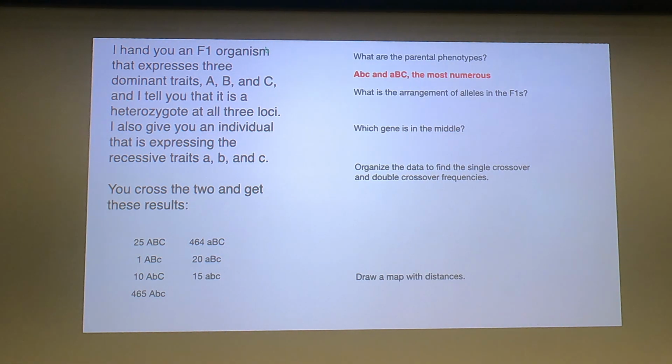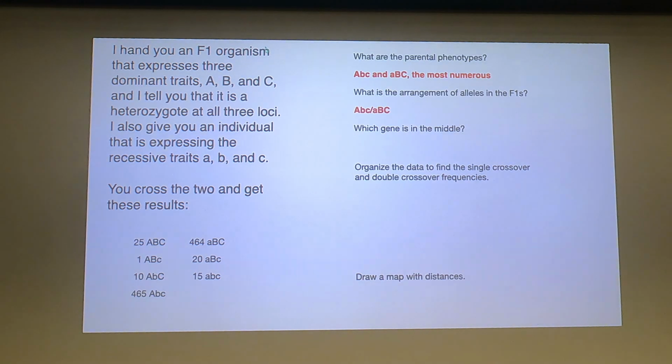One way to do this is you could just say, okay, there's the most numerous one. There's two arrangements there. There's big A, little b, little c, or little a, big B, big C. And that tells you the arrangement of the alleles. That's it right there.